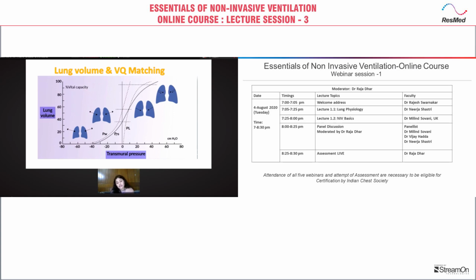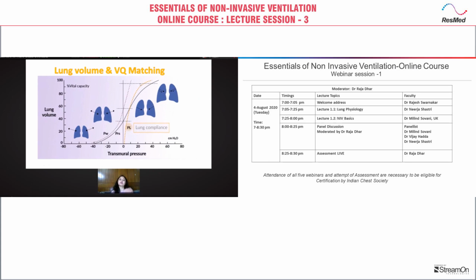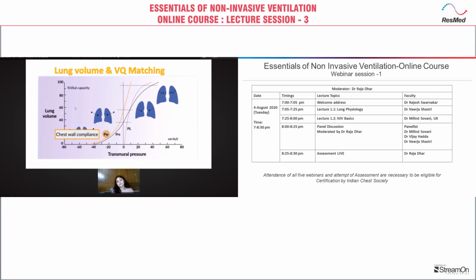Now VQ matching, so this is for lung compliance. If you see this orange dotted line, this is showing that lungs try to recoil in the inward direction and your chest goes in the opposite direction.